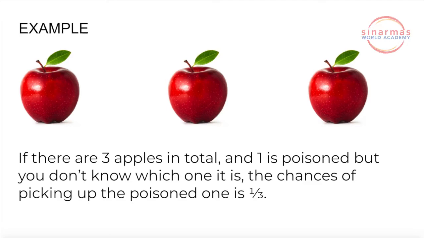For example, you are given 3 apples, and these 3 apples are all very identical, and you have never seen them before. But you're told that one apple is poisoned, but you don't know which one it is. When you pick up an apple, the chance of picking up the poisoned one will be 1/3.